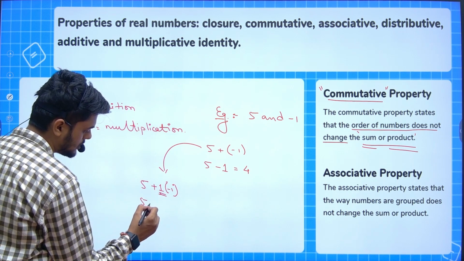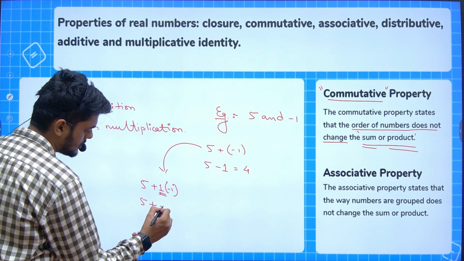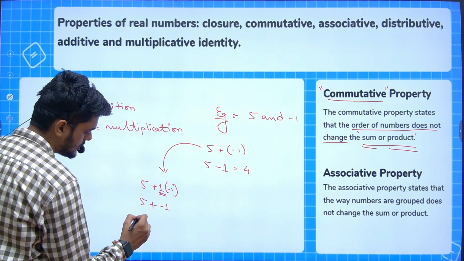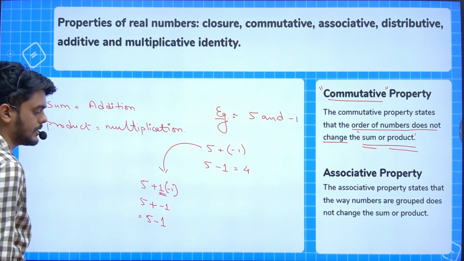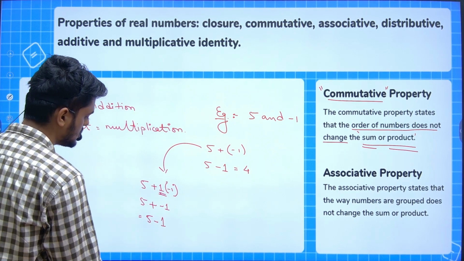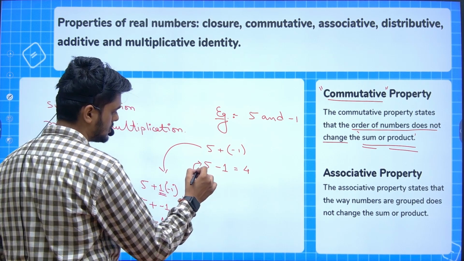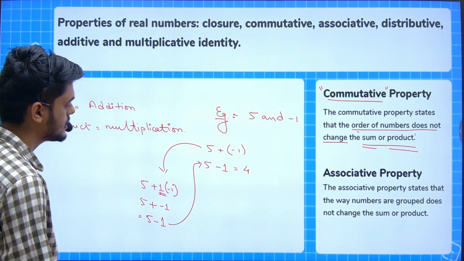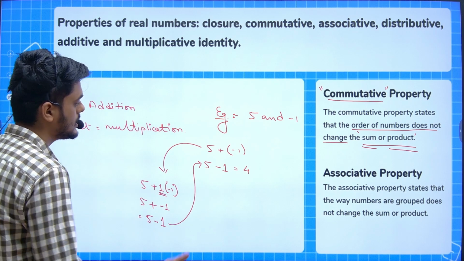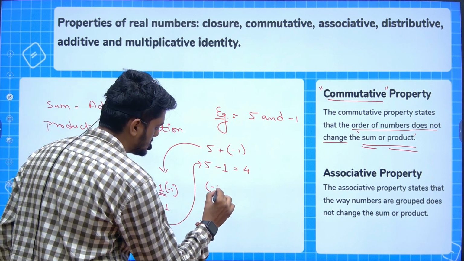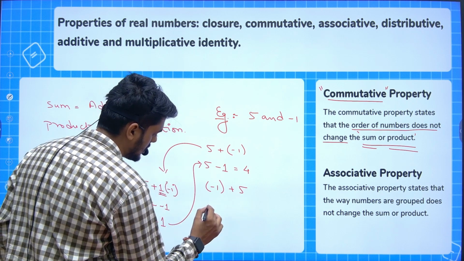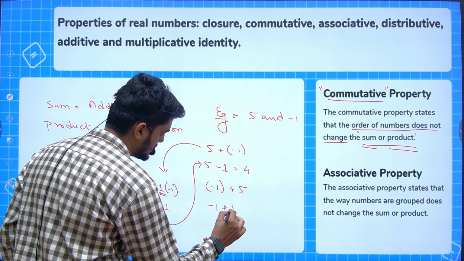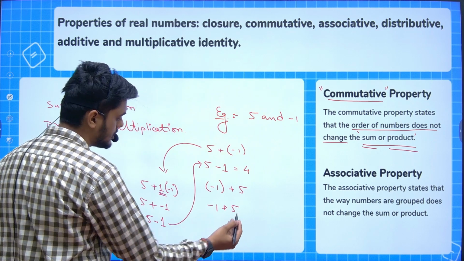So what we get is 5 plus of minus 1, and this concludes as 5 minus 1. If I change the position, now if I open the bracket, it will basically be minus 1 plus 5.